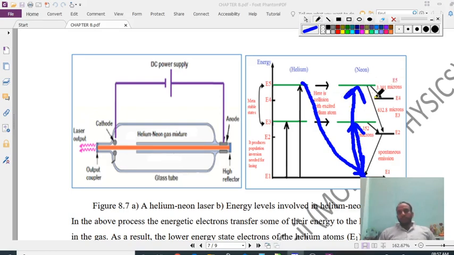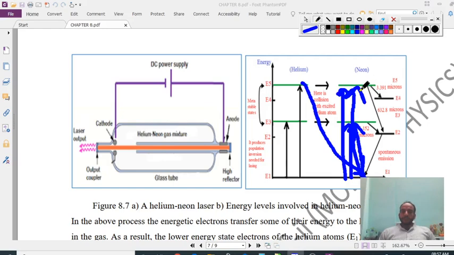The atoms in E3 and E5 states increase, and neon atoms are also excited to E3 and E5 by the accelerating potential of electrons striking the neon gas.